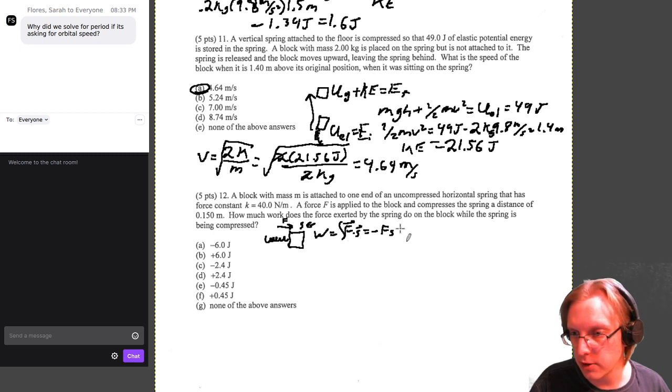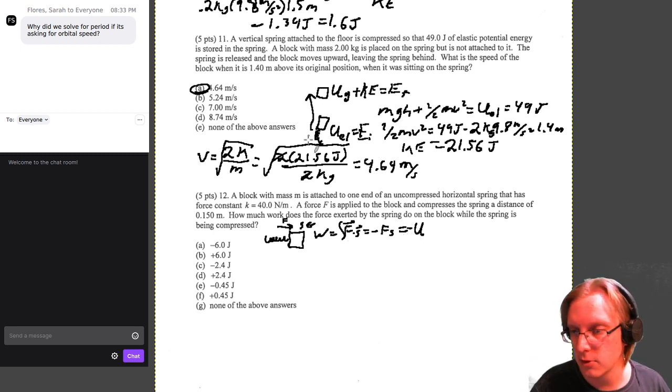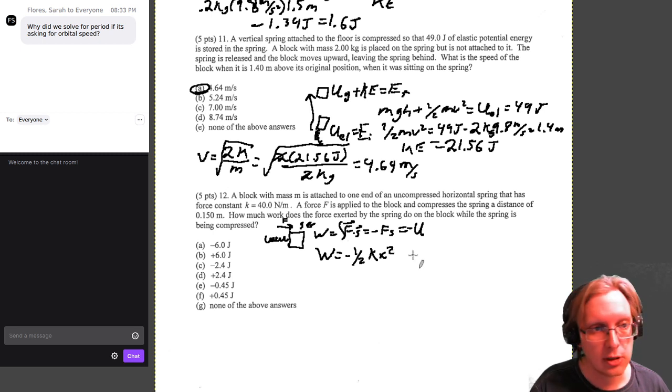because this work is equal to the potential, which, because it's positive, must be negative. So then the work done by that spring on the block is minus 1/2 kx squared. Does that make sense?